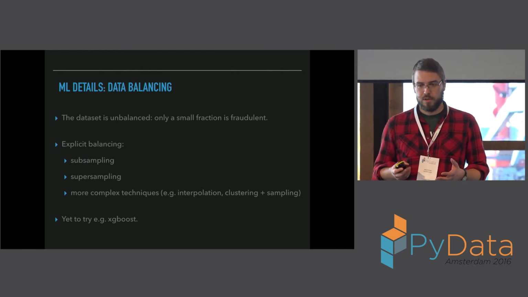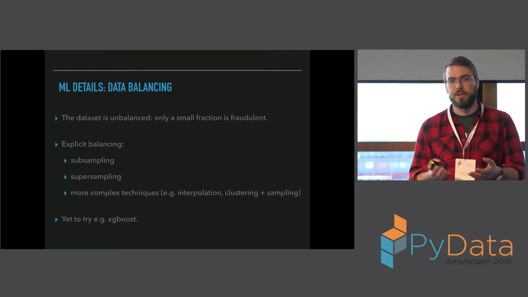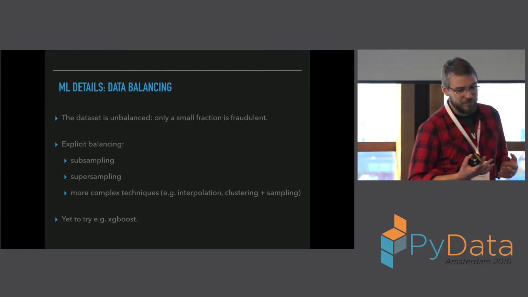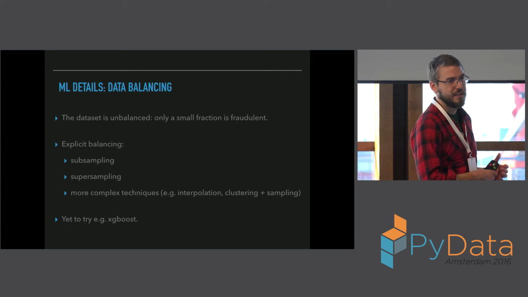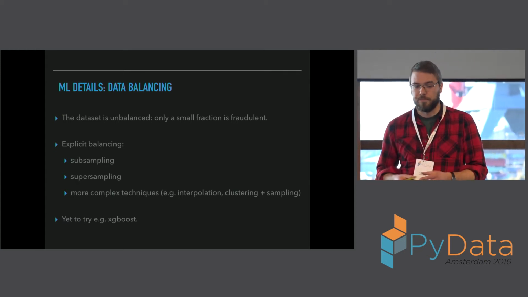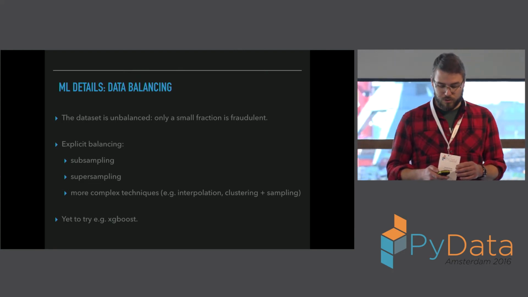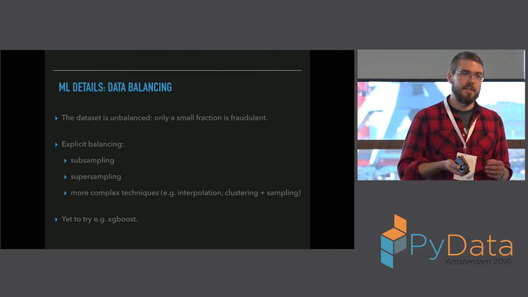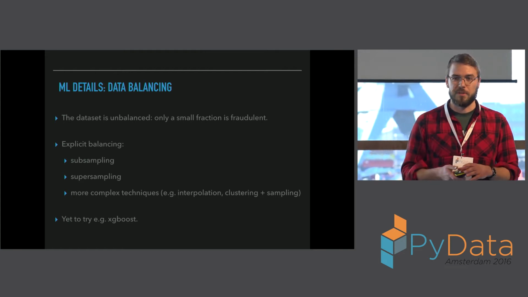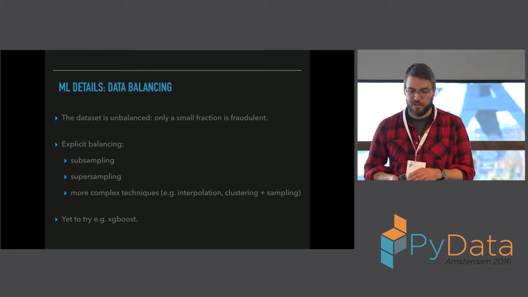So if you use, for example, something like a random forest with no explicit balancing, it will just learn to label everything as good work. By the way, there are other algorithms that don't suffer from this. Boosting is probably a nice approach. I'm yet to try that, but so far we stick with this.